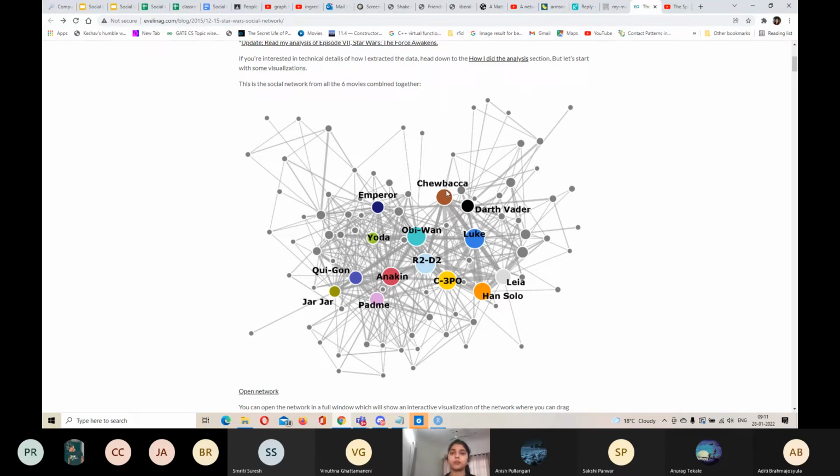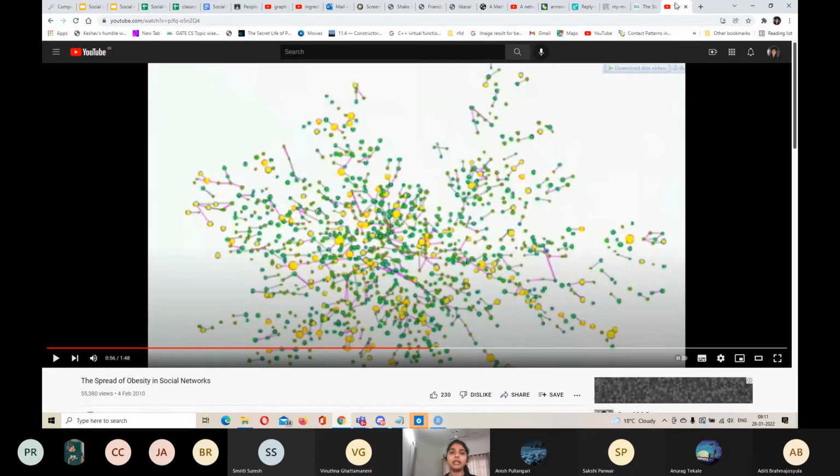Coming back to social computing, here is a very interesting piece of research which again utilizes the idea of social computing, specifically in sociology. As you see, this network is again a network between people, and you see a link between two people if they are connected in some sense.